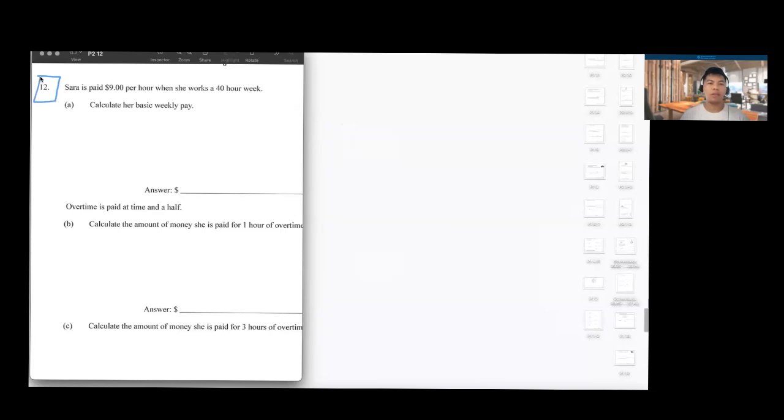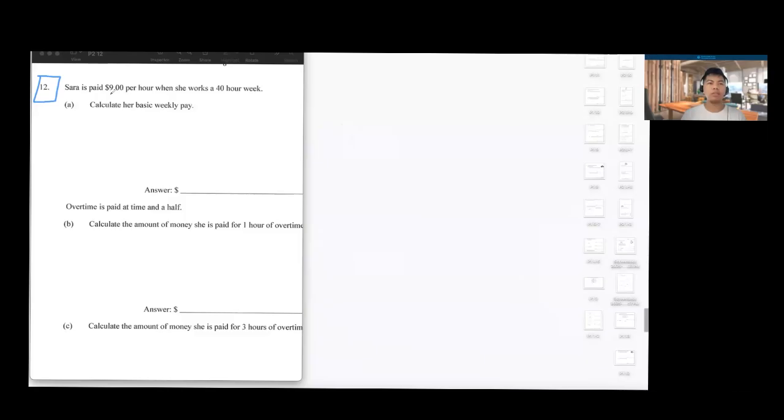Multiply the $9 by the 40. Yeah, that's right. That's easy, right? So 9 times 4 is 36. Then you just put the 0, so 360.